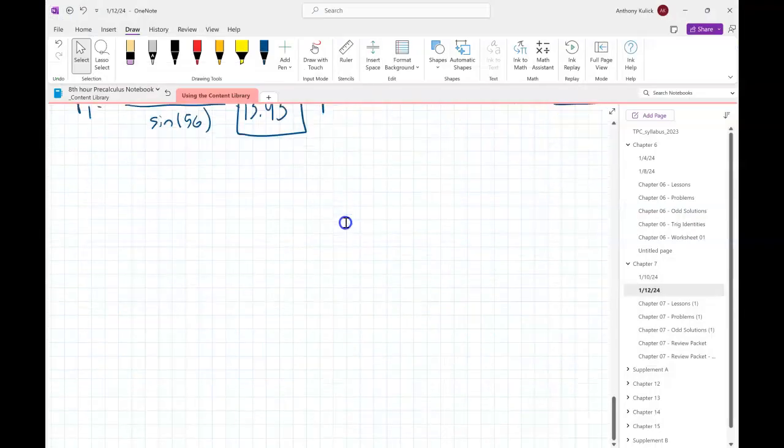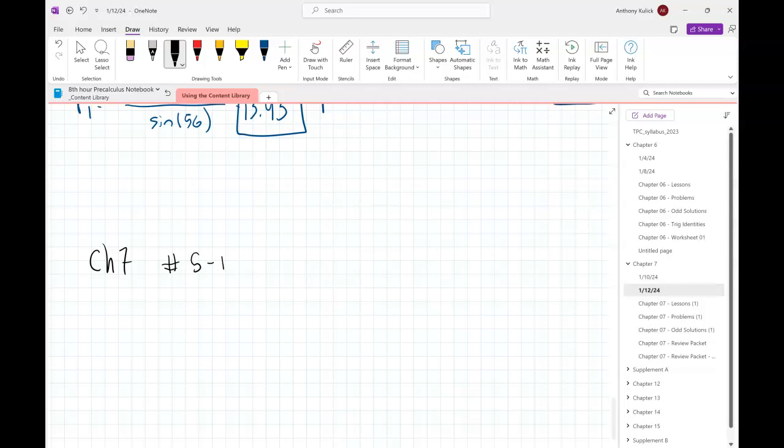All right. So for your homework, I want you to do in chapter 7, 5 through 10. The directions for 5 through 10 tell you just to determine if it's 0, 1, or 2 triangles.